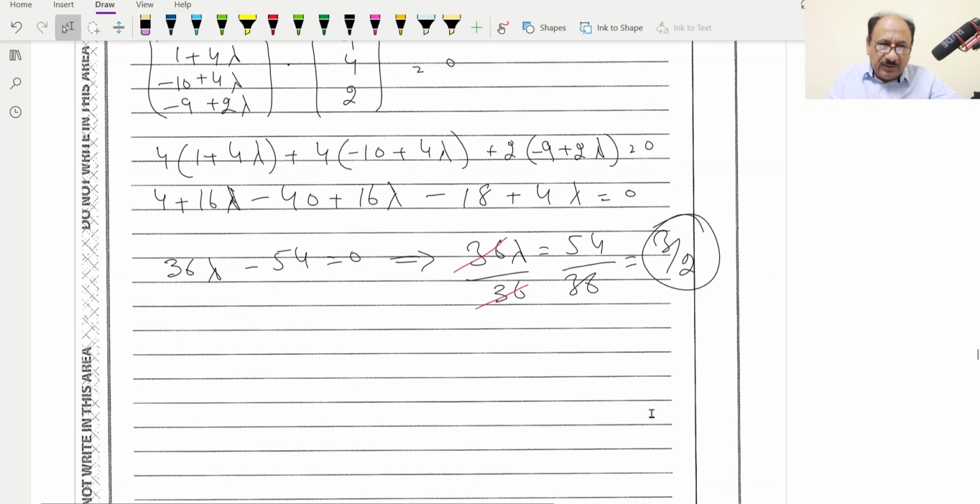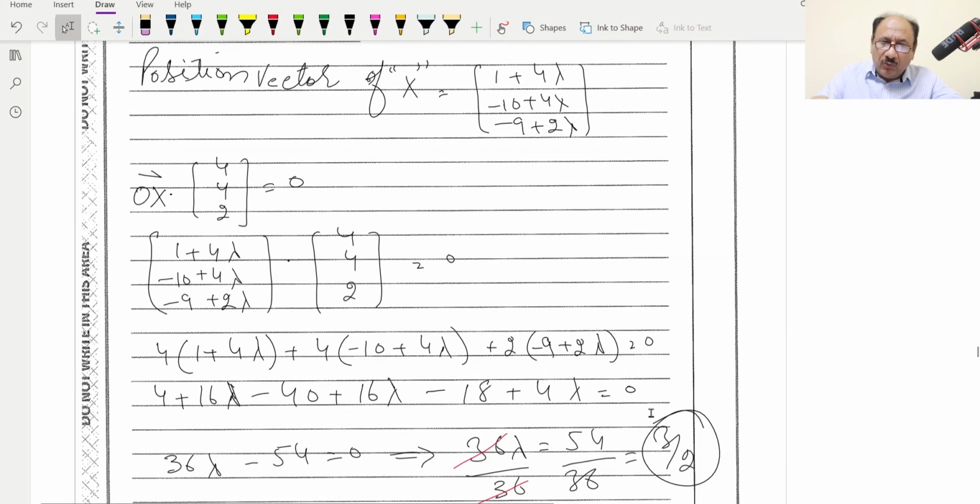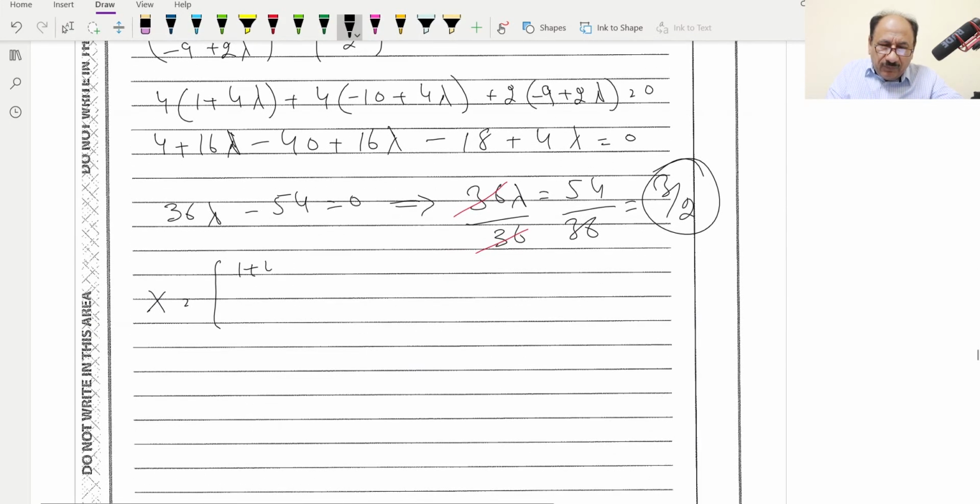We can replace the lambda value in X. So X is equal to, as we have written, 1 plus 4 lambda. We will be replacing the lambda value in this: 1 plus 4 times 3 by 2, and minus 10 plus 4 times 3 by 2, and minus 9 plus 2 times 3 by 2.